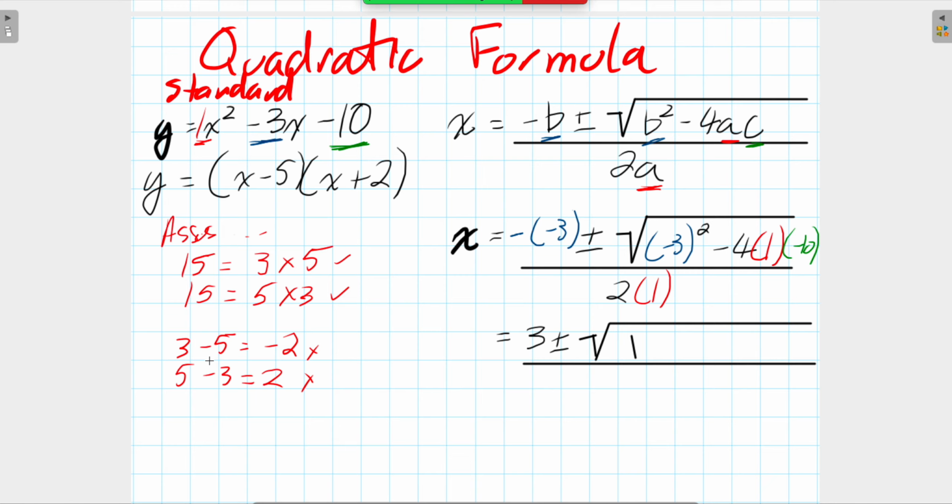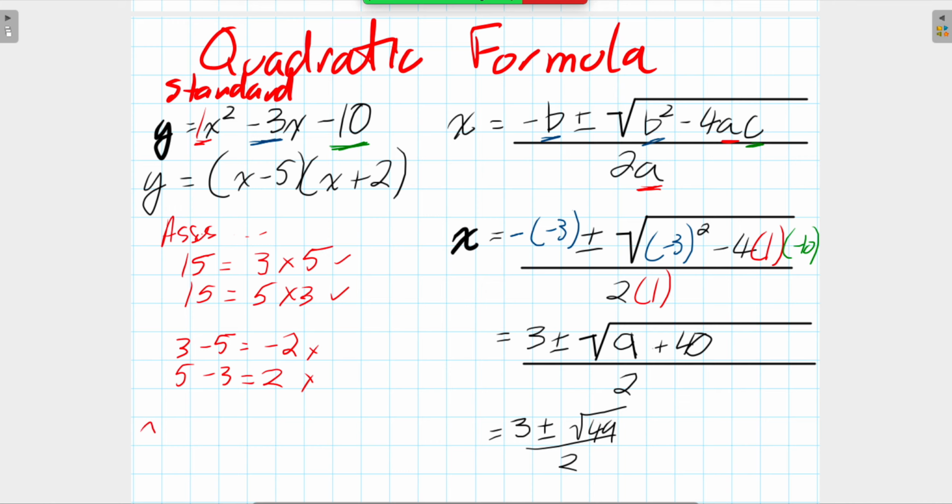Negative 4 times 1 is negative 4, and negative 4 times negative 10 is positive 40. So we get positive 40, and then divided by 2. This gives us 3 plus or minus the square root of 49, which is a number we can get off the top of our head. Because it's plus or minus, there are going to be 2 values.